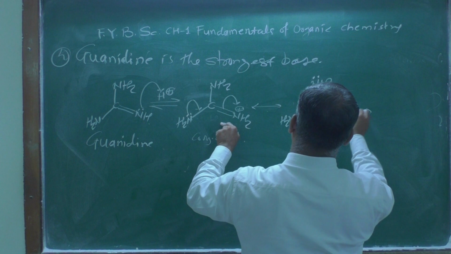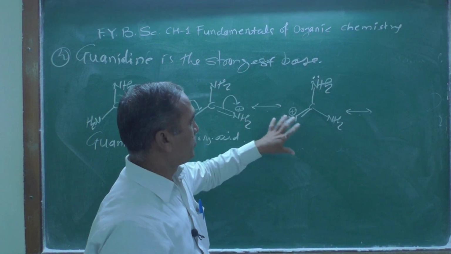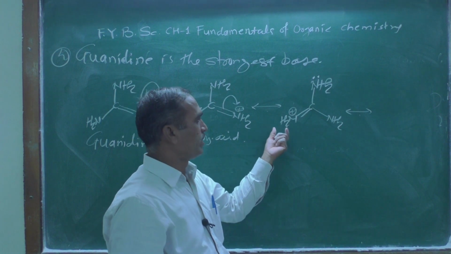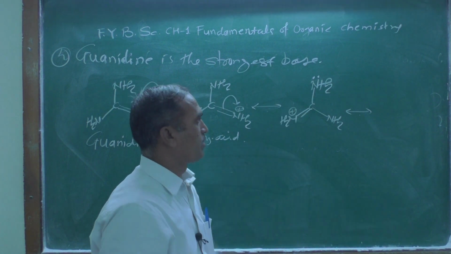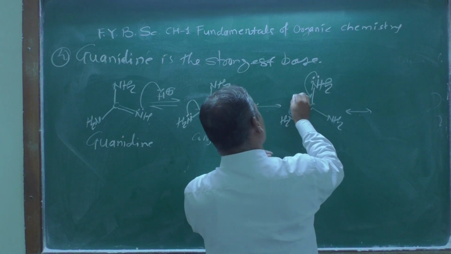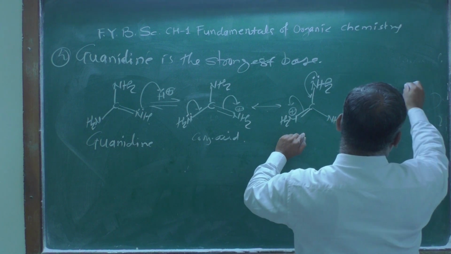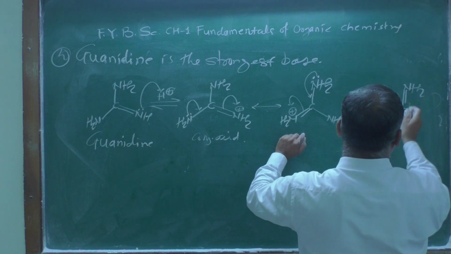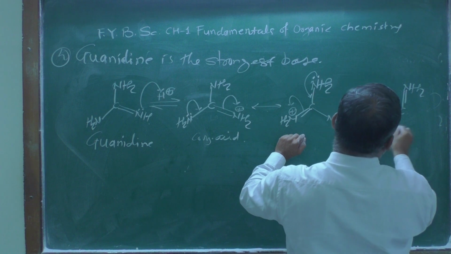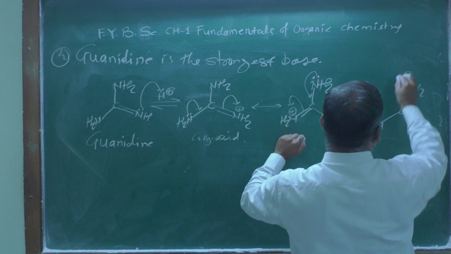Now let us look here: a positive charge comes on that nitrogen atom because there are 4 bonds, 2 with hydrogen and 2 with this double bond. Now this lone pair comes here and neutralizes this positive charge, so that you get double bond NH2, then H2N and then NH2. So here is a positive charge on it.